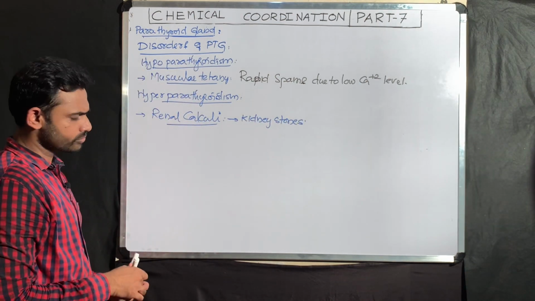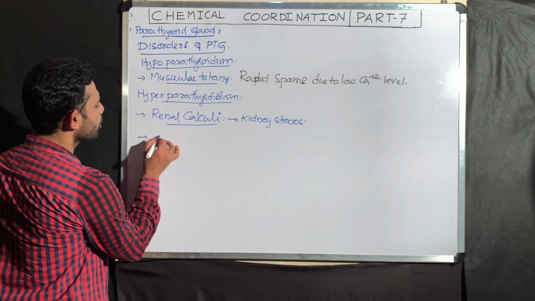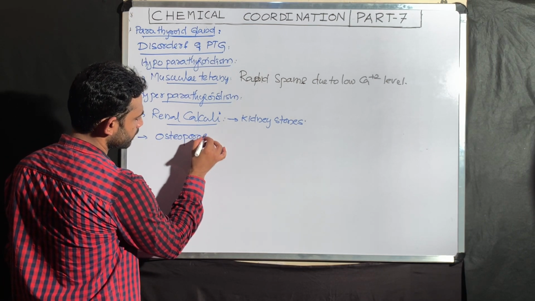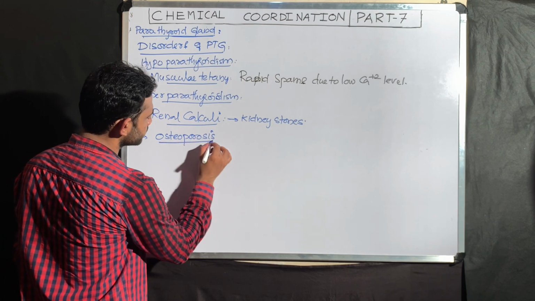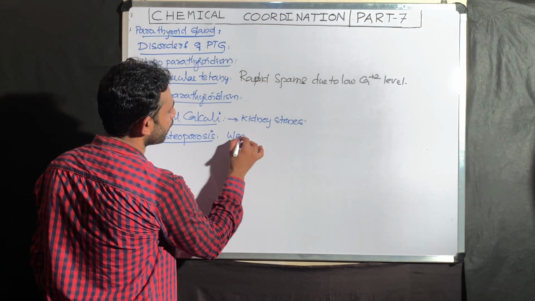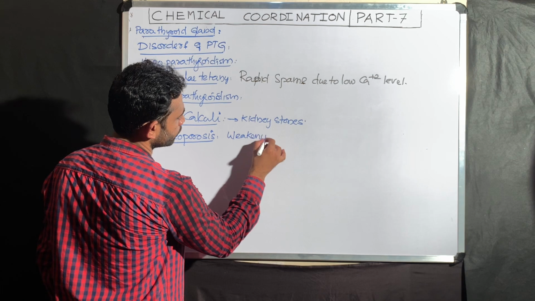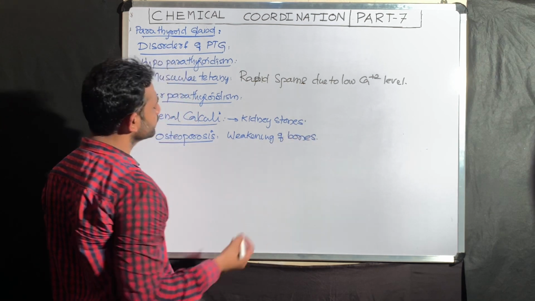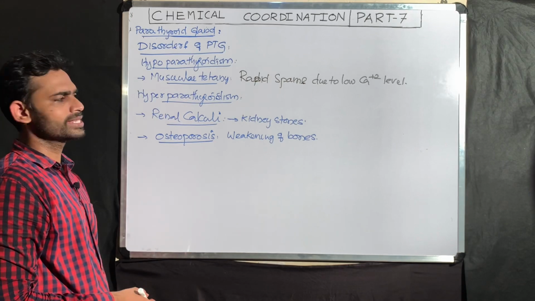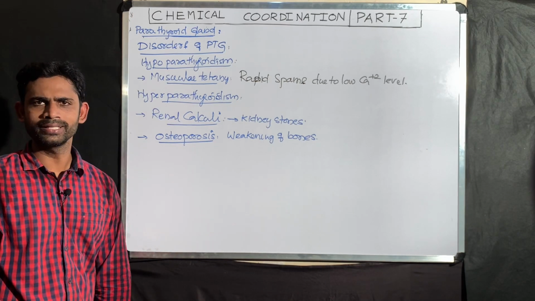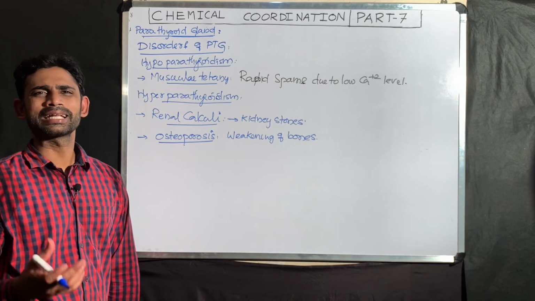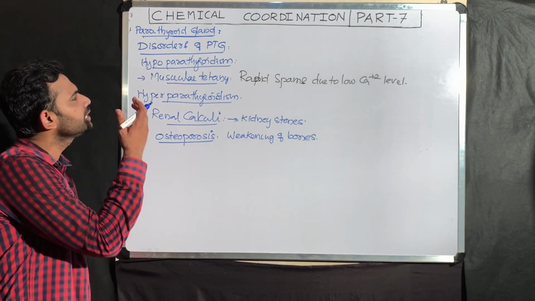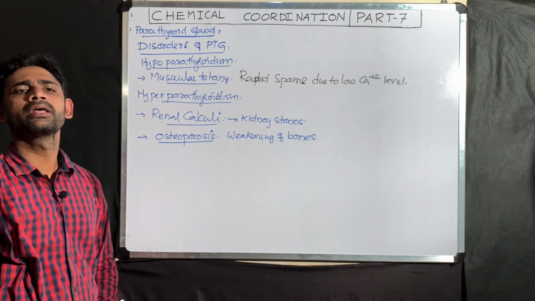The next one is osteoporosis. Osteoporosis involves weakening of bones. Mainly this osteoporosis you can see in females after menopause, because of the rapid decrease in the estrogen level. So these are the disorders of parathyroid hormone.